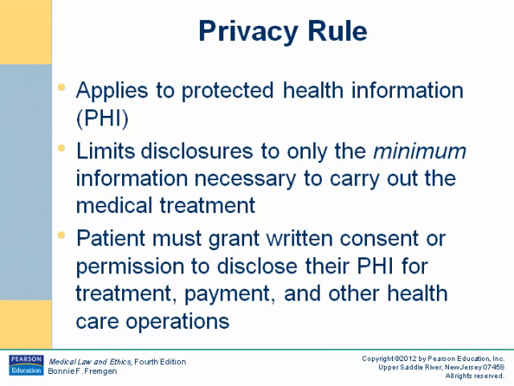This is just the minimum. The patient has to grant disclosure by a written consent before any other treatment or payment or other healthcare operations can move forward. So you might say, okay, we got that.